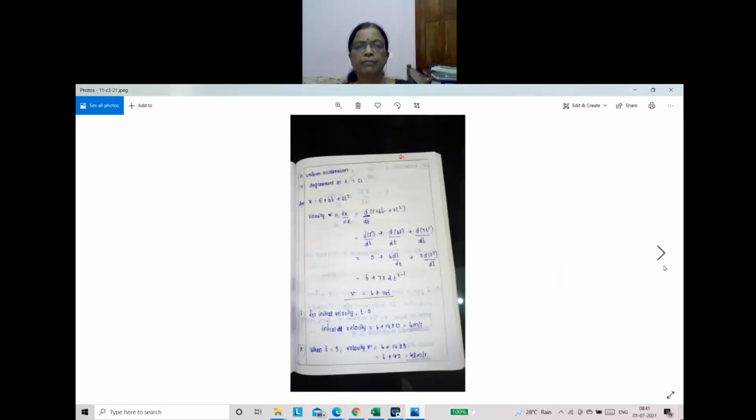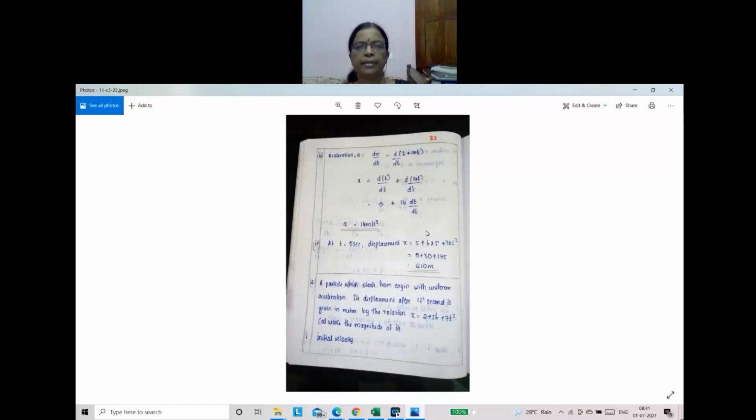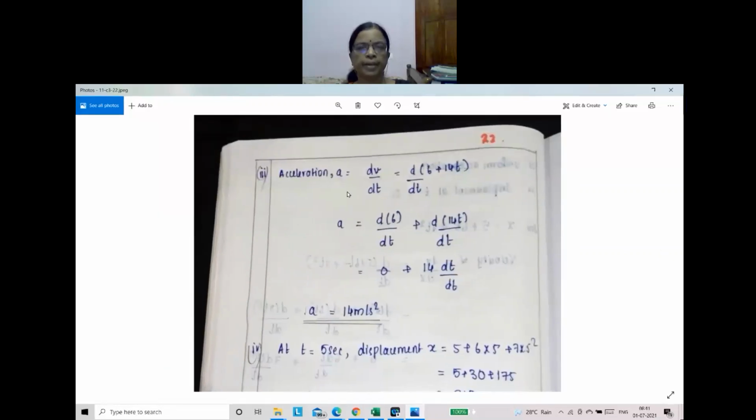Those who did not understand, I will explain. We know v is 6 plus 14t. The question is, what is acceleration? Instantaneous acceleration is dv by dt. So d by dt of v, you have to write 6 plus 14t. Next we split the two terms, d by dt of 6 plus d by dt of 14t.